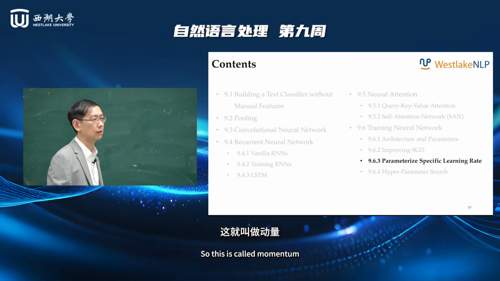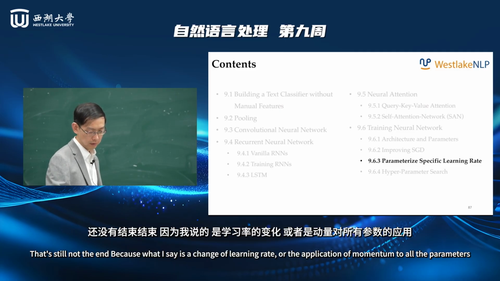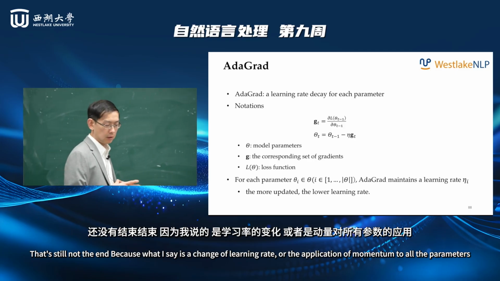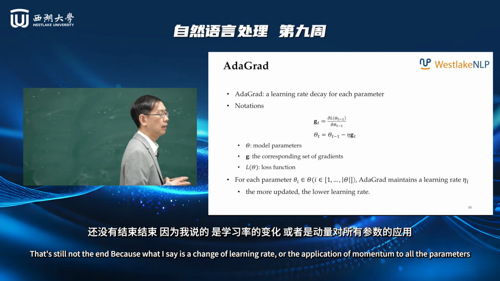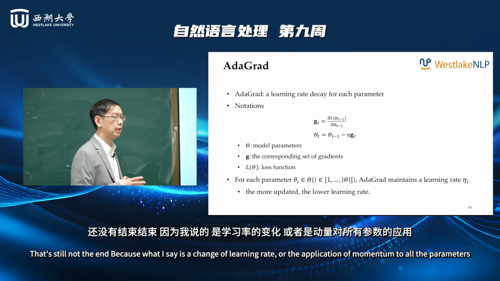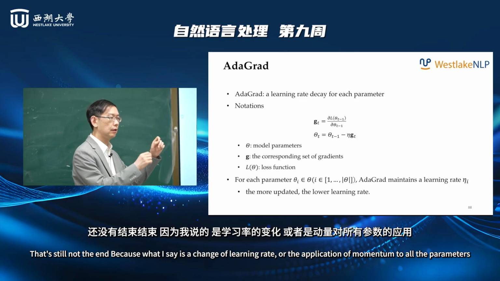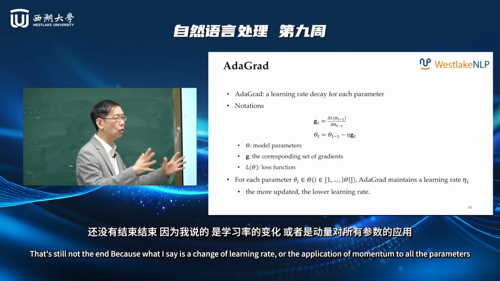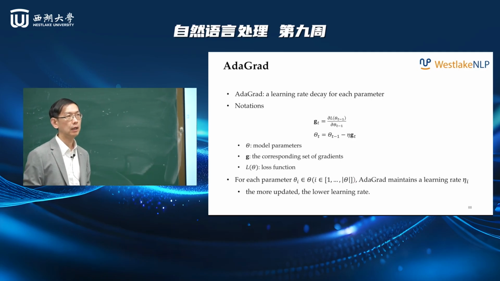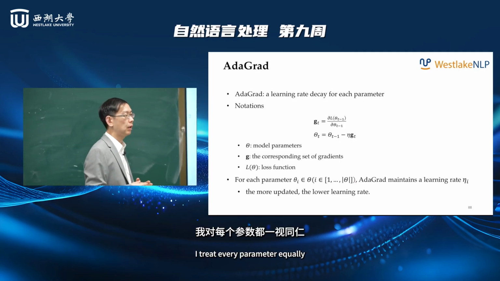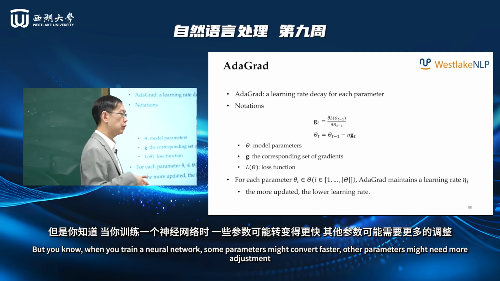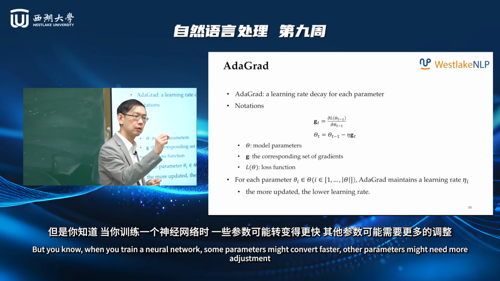That's still not the end. Because what I say is a change of learning rate or the application of momentum to all the parameters. I treat every parameter equally. But when you train a neural network, some parameters might converge faster.